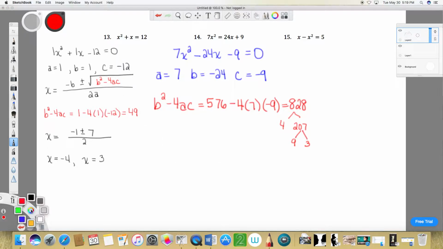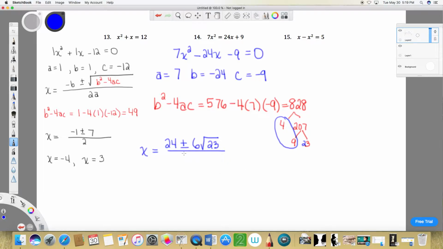Let's come in and figure out the solutions here. The opposite of b, the opposite of negative 24 is positive 24. When we take the square root of 828, 828 breaks down to 36 times 23, not 3. The square root of 36 is 6, and 23 is a prime number, so I can't simplify that.